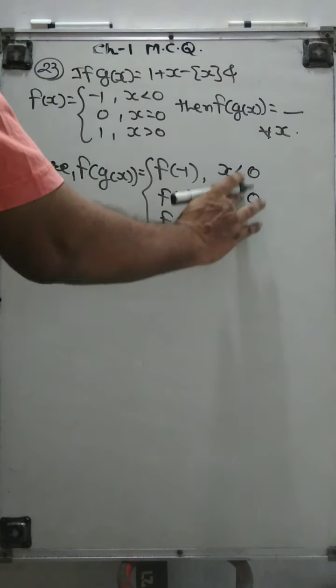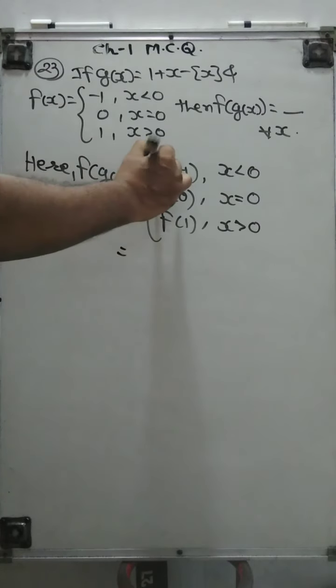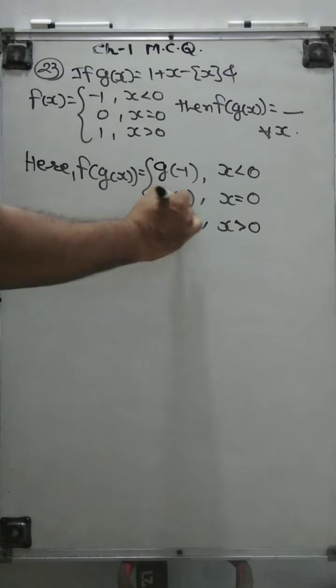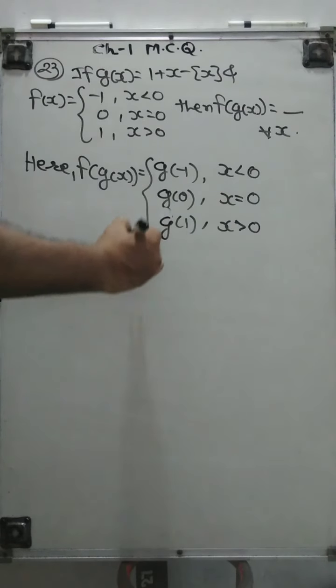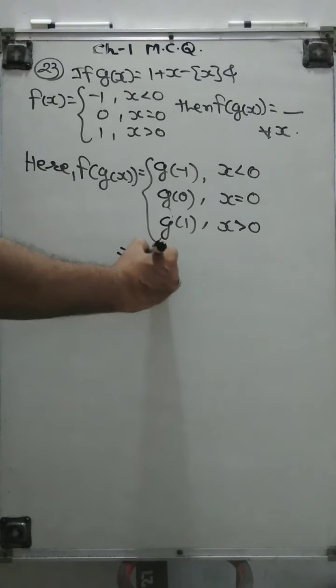So now it is f applied to g(-1), g(0) and g(1). Therefore it is 1 + (-1) - (-1), then 1 + 0 - 0, and then 1 + 1 - 1, for x less than 0, x equal to 0 and x greater than 0. Now the simplification of this is 1, 1 and also 1 for x less than 0, x equal to 0 and x greater than 0.